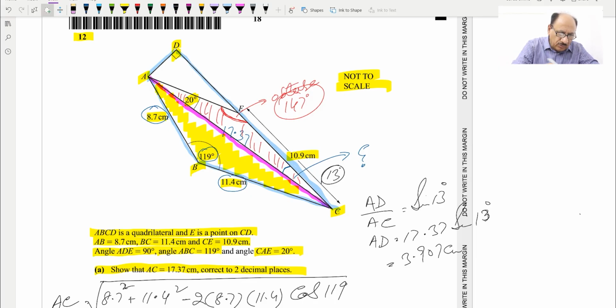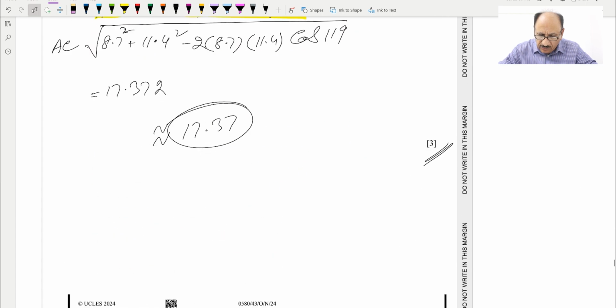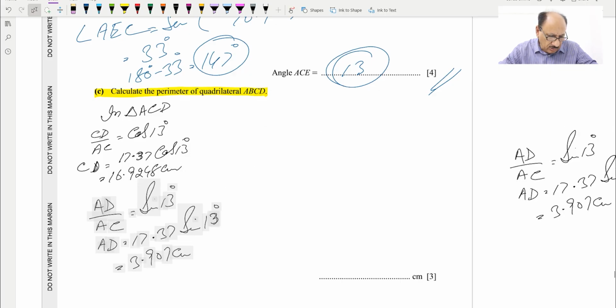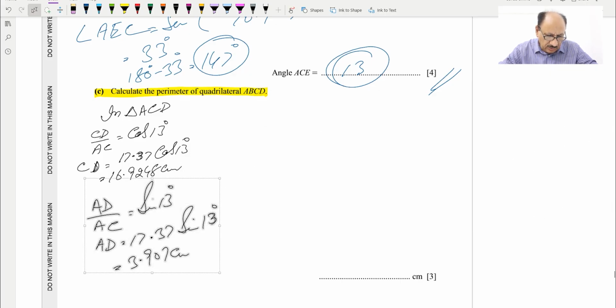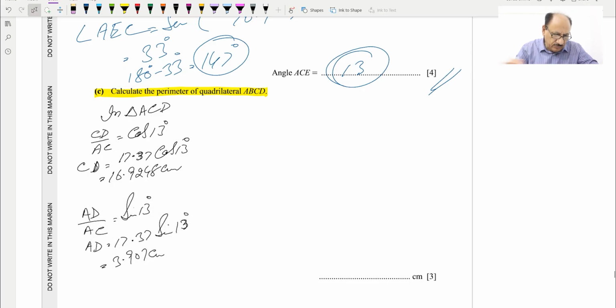And this one also we can shift to the proper location over here, a little smaller in size. Now we found CD and AD.